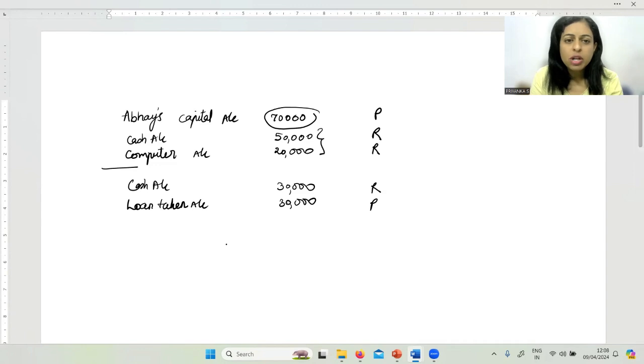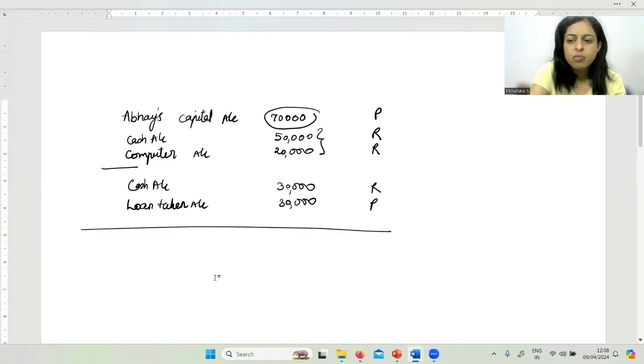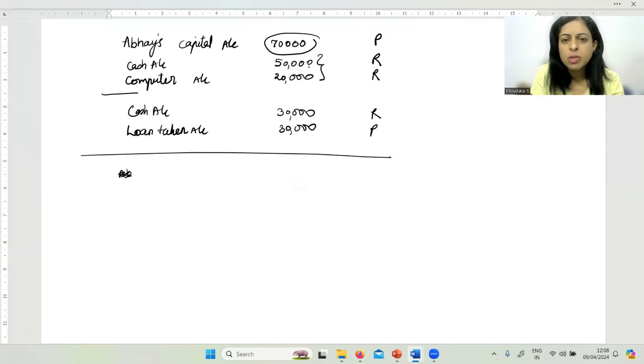Now we have to write the journal entry. In ordinary circumstances, how would you write this journal entry? You would say, if you have to write the journal, amount that will be debited, it is cash and computer, because cash is brought in and computer is also brought in. So anything which comes in, debit what comes in, credit what goes out.